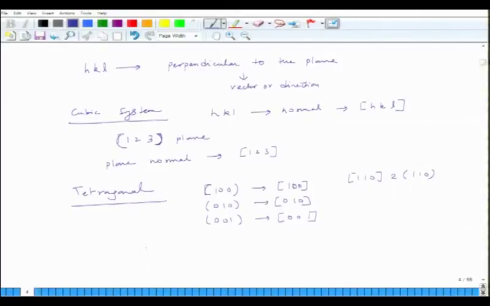But 1, 0, 1 plane and 1, 0, 1 direction, they are not fine.